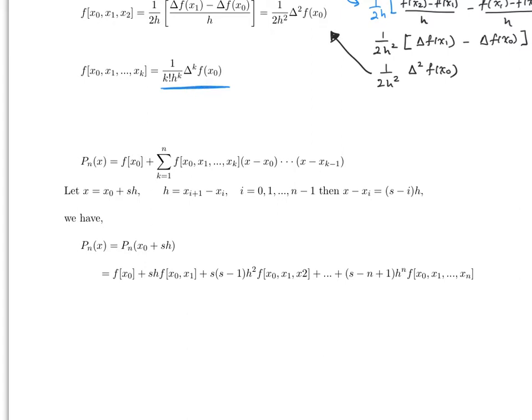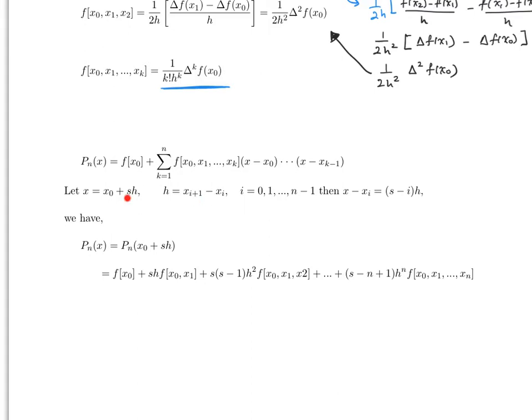Here x, remember, is always the value you're trying to approximate. So x is going to be some initial value, which is x0, which we have, plus sh. So we need to figure this out. But h is technically just the distance between two consecutive x values, like I just said before.